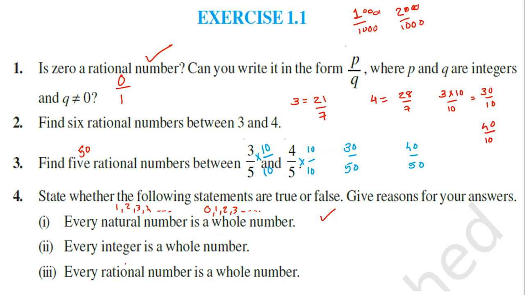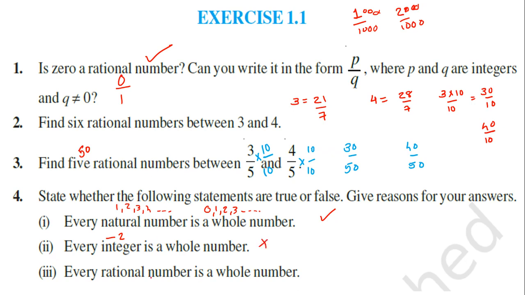Next is every integer is a whole number. This is false, because if a negative integer is there, for example minus 2, any negative number, it cannot be considered a whole number. Whole numbers are just a set of non-negative numbers.